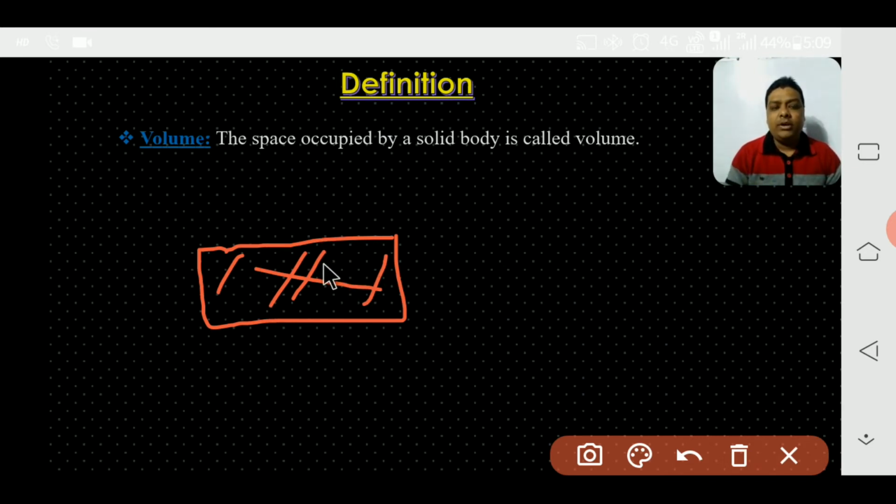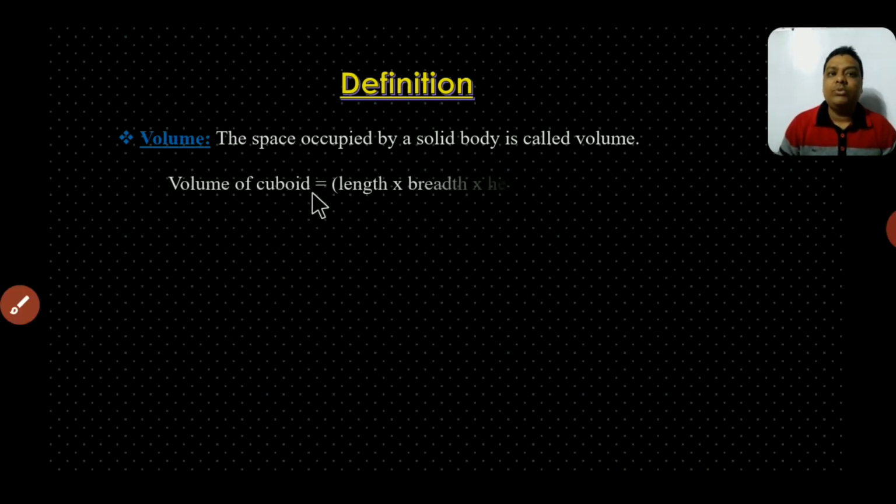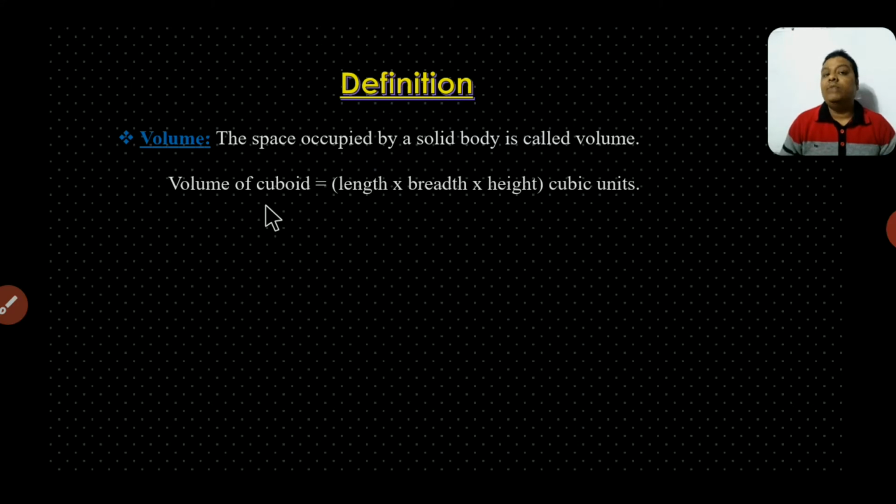So area upon area, again area, again area. Length and breadth are the same, but height is increasing. So the area is multiplied by the height, and that gives the volume. That's why the volume of a cuboid is area into height. Length into breadth is the area of the rectangle, and then we multiply by height. That is the volume of the cuboid.